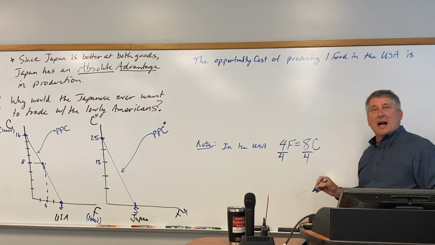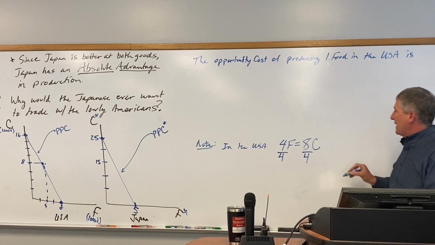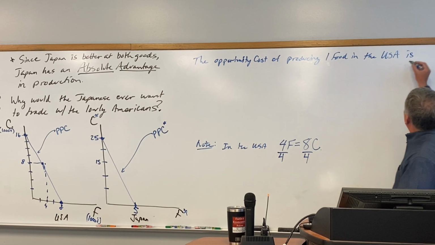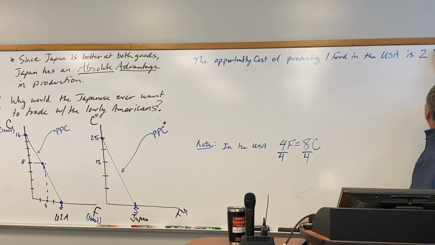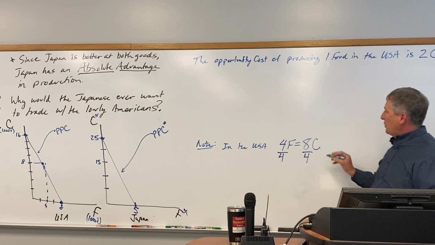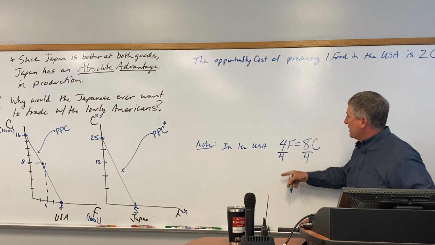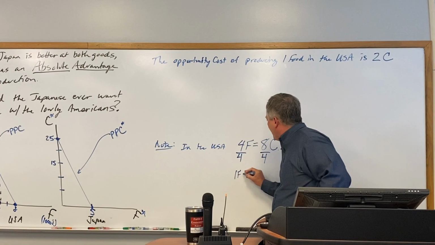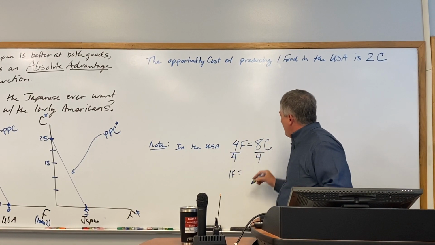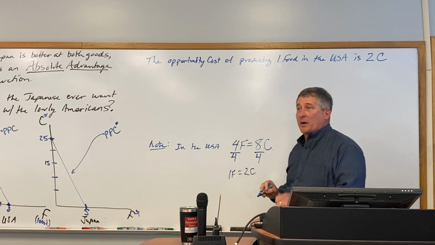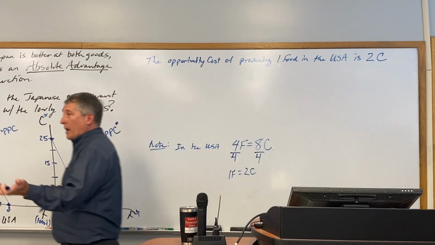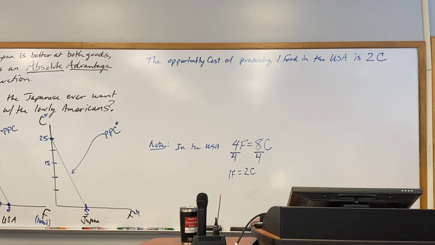And there we've got 8 divided by 4 equals 2. And it's 2 cars, right? So for 1 food, all we've done here is 4 divided by 4 is 1 food, 8 divided by 4 is 2. We broke it down to a single unit. 1 food equals 2 cars.